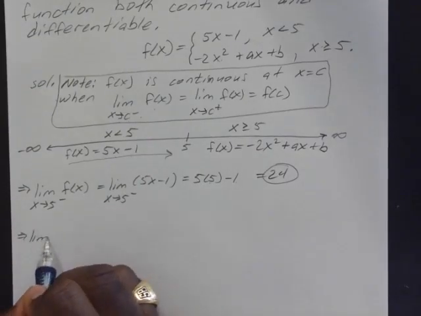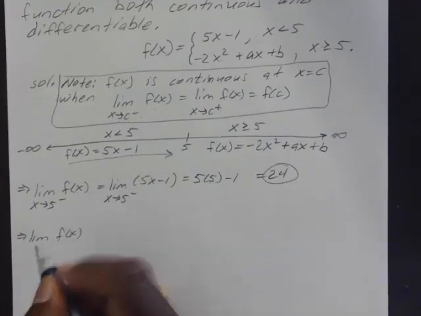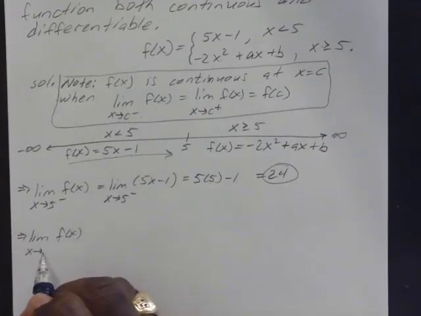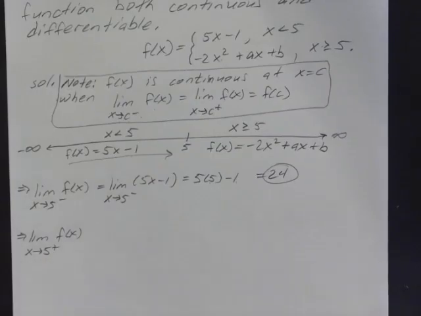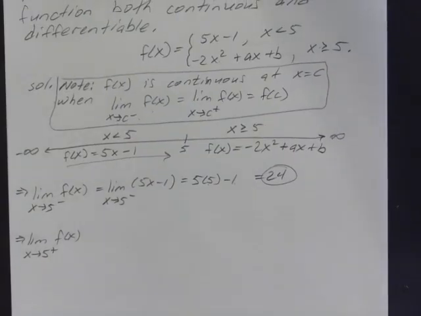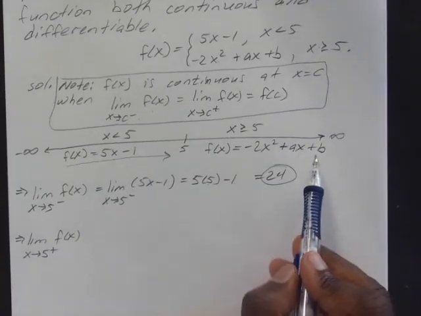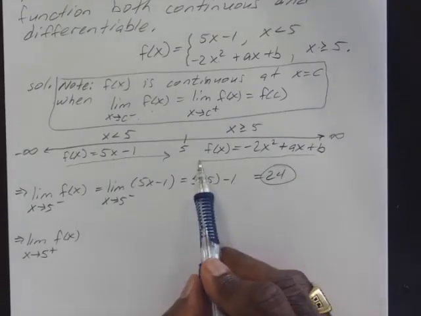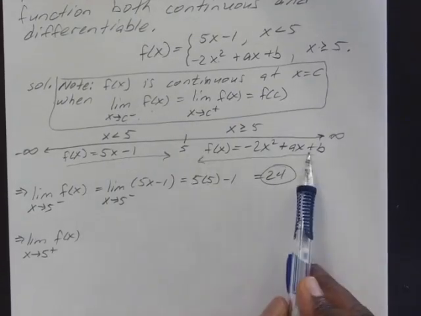Okay. Now we have to take the limit of f of x as x approaches 5 from the right. Well, as you approach 5 from the right, this is your f of x.